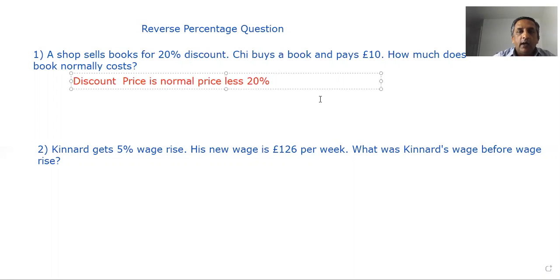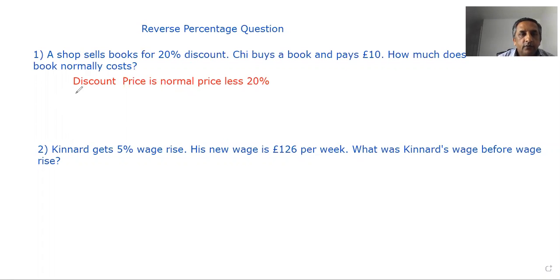Now what I'm going to do is this. So 80% of the normal price. What is 80% of the normal price? That is obviously £10. That's what she paid.